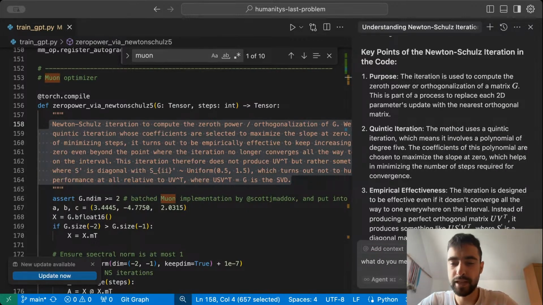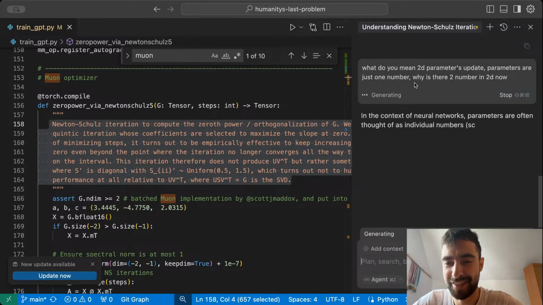What do you mean 2D parameters update? What does that even mean? Parameters are just one number. Why is there two numbers in 2D now? Let me just start asking.